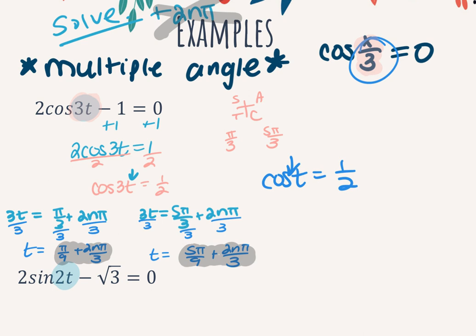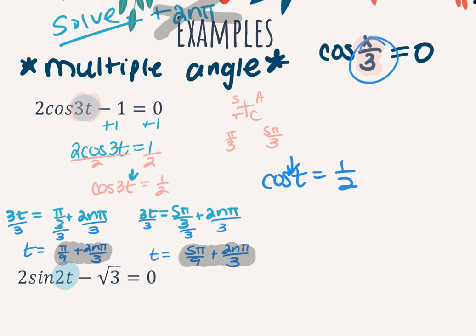So you would find where cosine is 0, which is at pi over 2 and 3 pi over 2, plus 2n pi, and then at the end you'd multiply it by 3. And for these, the answers are the highlighted ones, pi over 9 plus 2n pi, and 5 pi over 9 plus 2n pi.